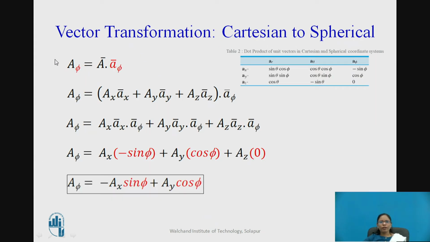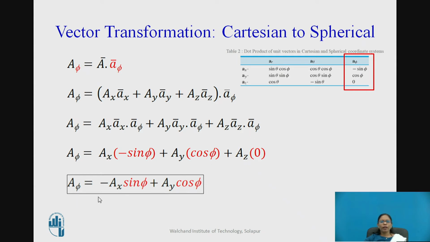In the same way, I find the magnitude along the phi direction, which is A bar dot a phi bar. So I take A bar in Cartesian, which is given, dot a phi bar. Again, to find the dot products ax dot a phi, ay dot a phi, az dot a phi, I follow table 2. Ax dot a phi is minus sine phi, ay dot a phi is cos phi, and az dot a phi is 0.